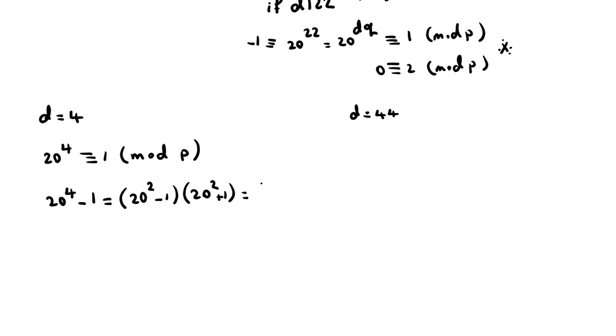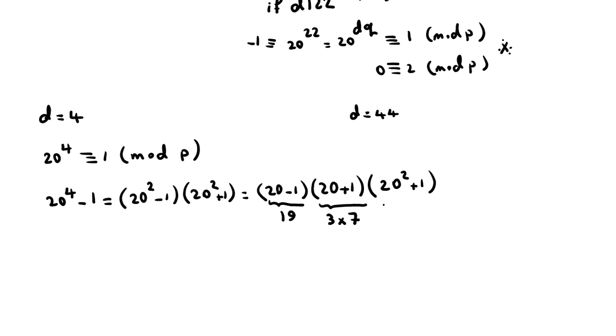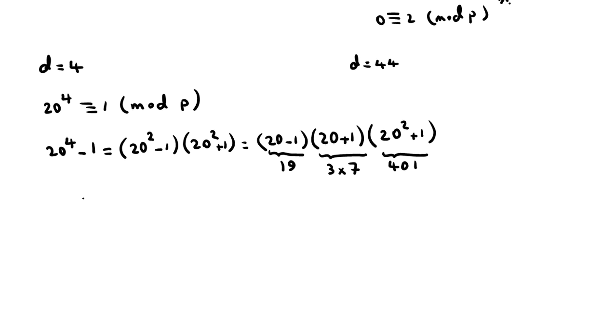And again, write 20 squared minus 1 as 20 minus 1 times 20 plus 1, times 20 squared plus 1. So if you check these numbers, the first one is 19, the second one is 21, which is 3 times 7, and the last one is 401. It is for the case that D is 4. Now, if we check these numbers, we want to see 20 to the power of 22.